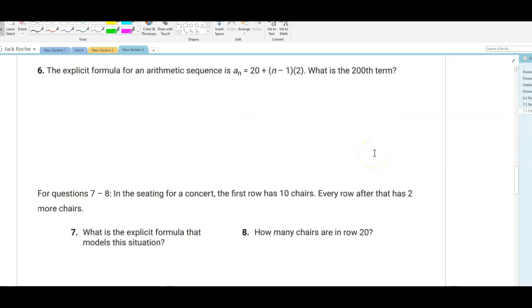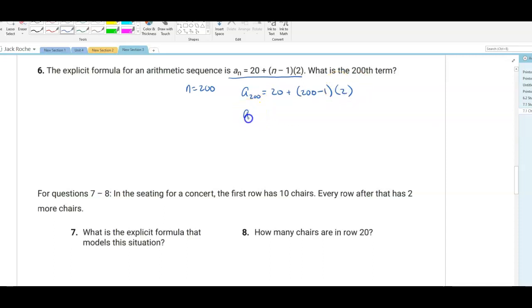So right now, in the explicit formula for an arithmetic sequence, if they give you this as your explicit rule, what is the 200th term? What they're basically saying is, if n is 200, we're going to plug that value in here. So, a sub 200 is equal to 20 plus 200 minus 1 times 2.